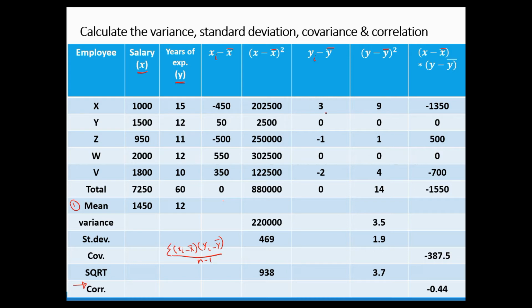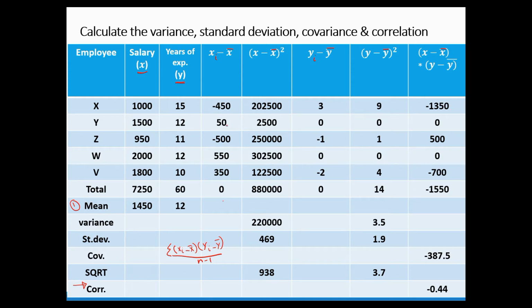We will do the same for the difference between the xi and x bar, and also to get the difference between the yi and y bar. After getting the differences, we multiply each difference with this. So we multiply the negative 450 by 3 to get negative 1350.